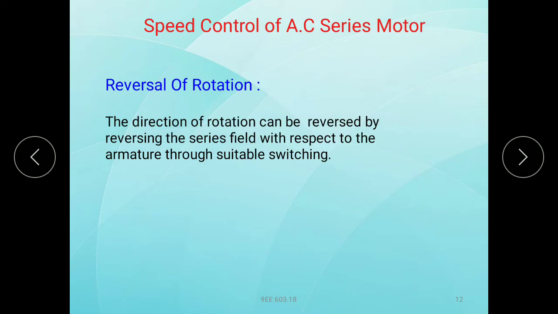In the single phase motor we have two types of windings on the stator side: the auxiliary winding, also called the starting winding, and the main winding. The starting winding and main winding are displaced by 90 degrees in space.